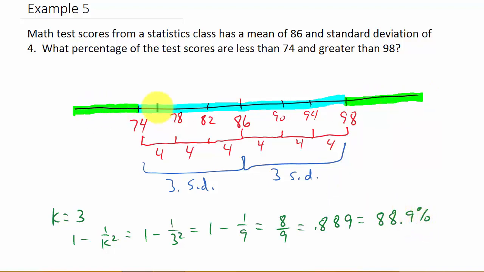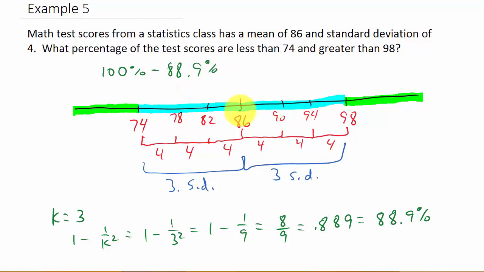Well, if this is 88.9%, then this out here would be what? Well, that would be 100% minus the 88.9%. Because isn't there 100% of the data?